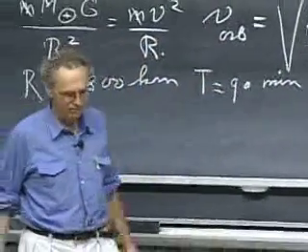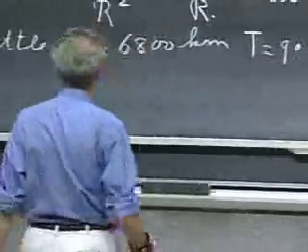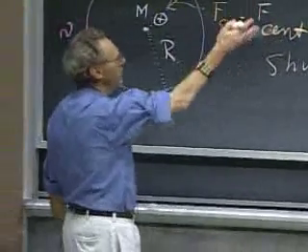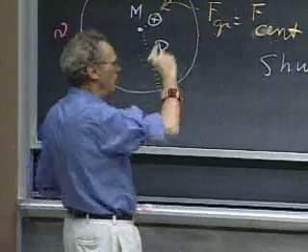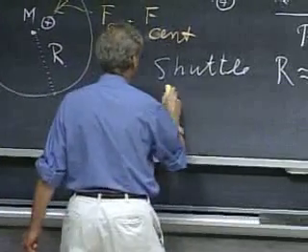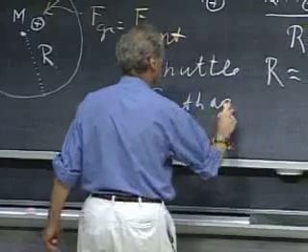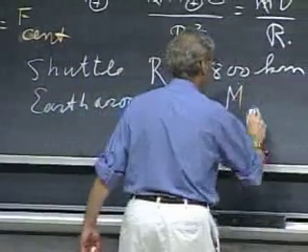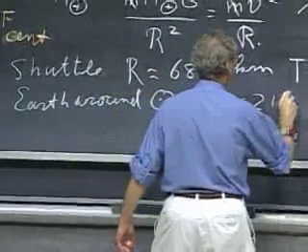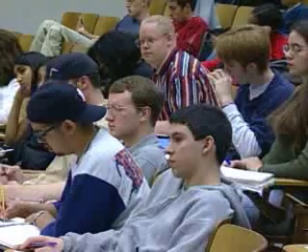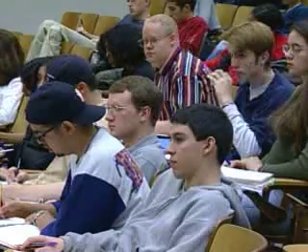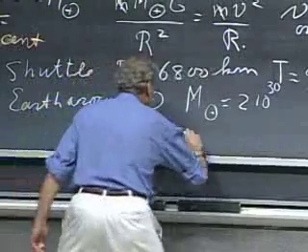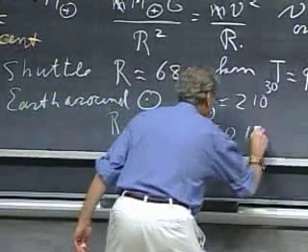If you take the Earth itself around the Sun, we can use all these equations, replacing the mass of the Earth by the mass of the Sun, and then we can do this for planets. So if we take the Earth around the Sun, we have to put in the mass of the Sun, which is about 2 times 10 to the 30 kilograms. And the distance from the Sun to the Earth, we have seen that before, is about 150 million kilometers.